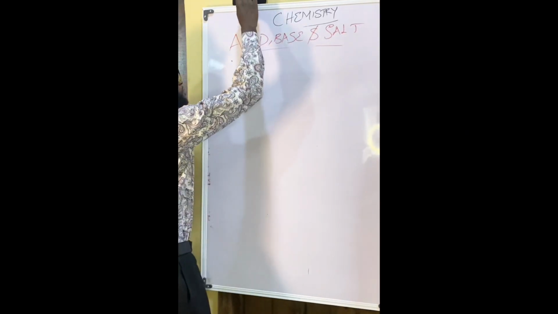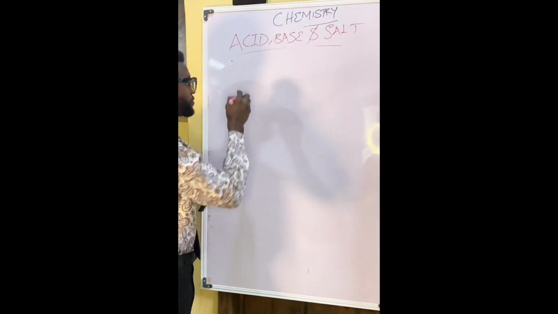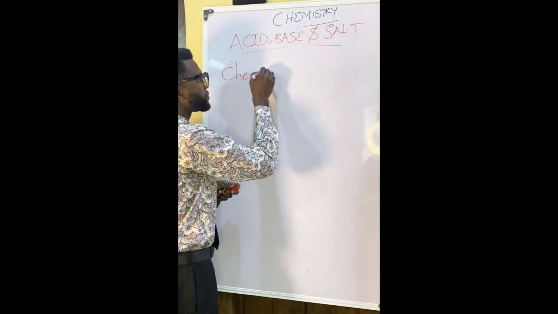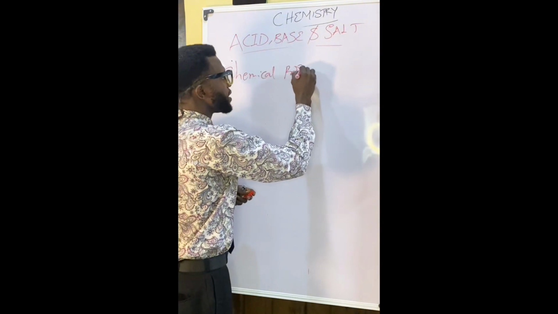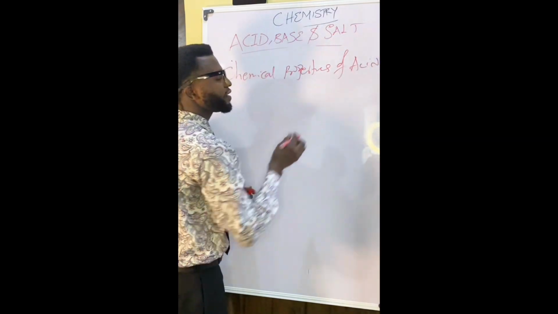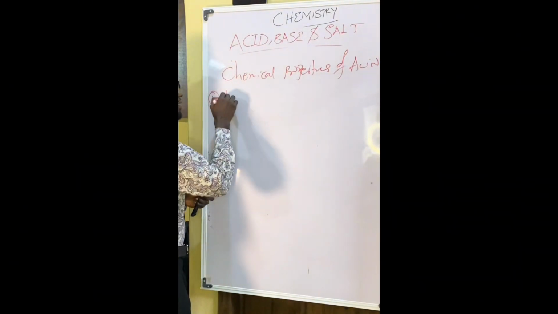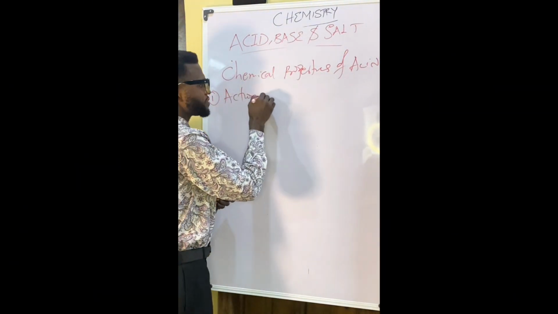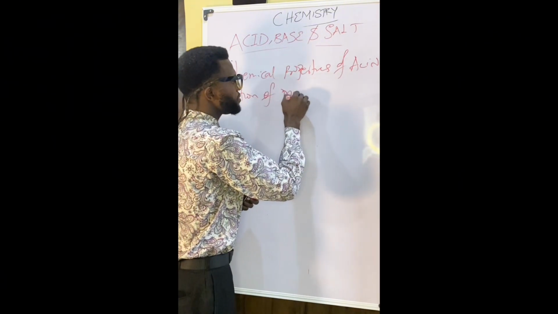Next, we discuss the chemical properties of acid. So the first here is action of metals.